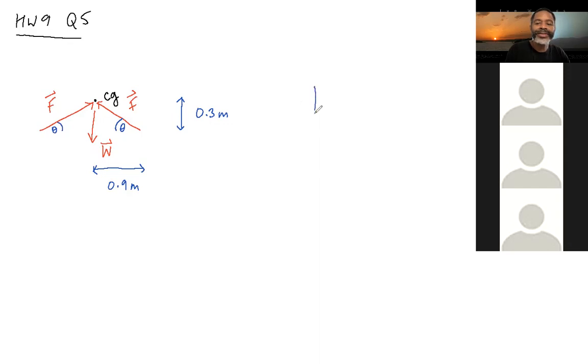So if I have 0.3 meters, and I have 0.9 meters. So it's the same angle.